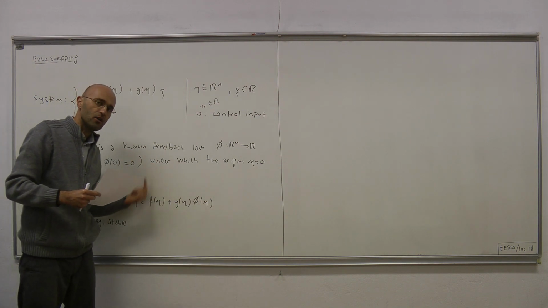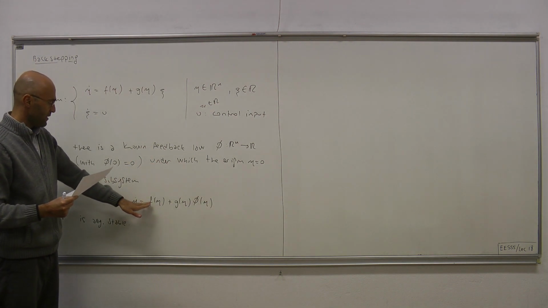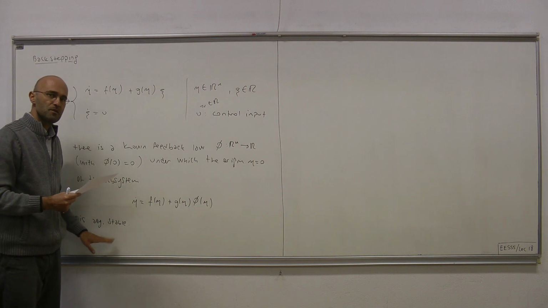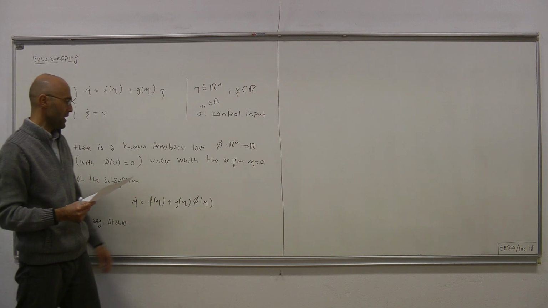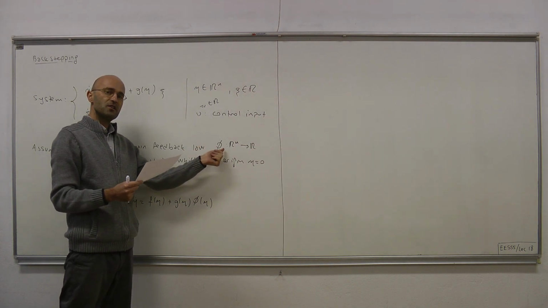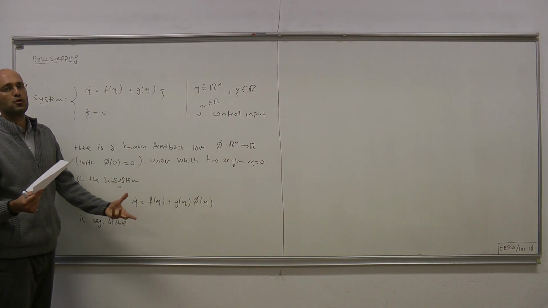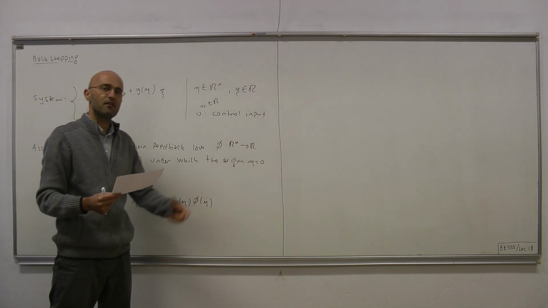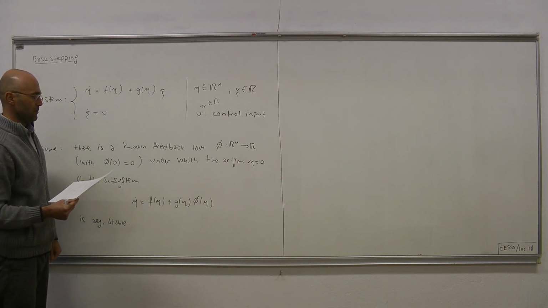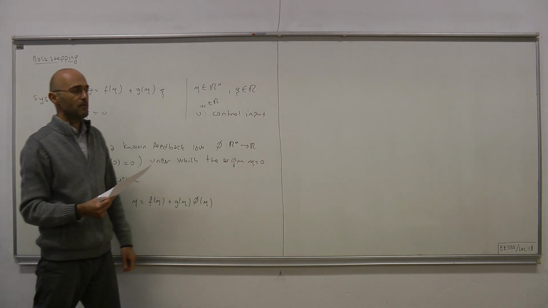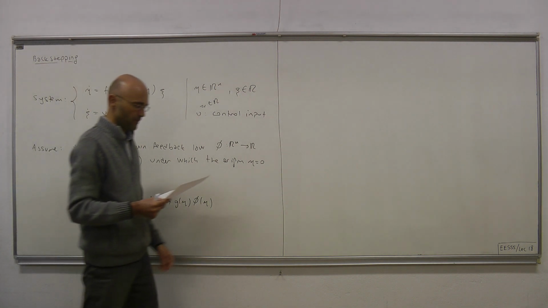So we obtain an autonomous system here. We are assuming that the origin of that autonomous system is asymptotically stable. And that stability is established through this feedback law, which we assume exists. We either figured it out some time earlier, or somebody gave it to us.